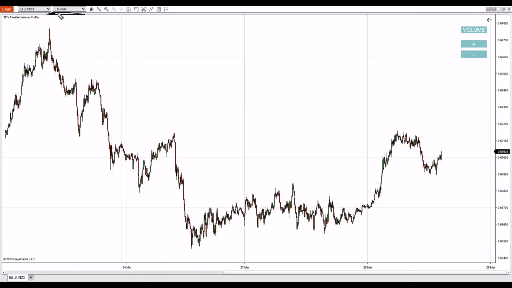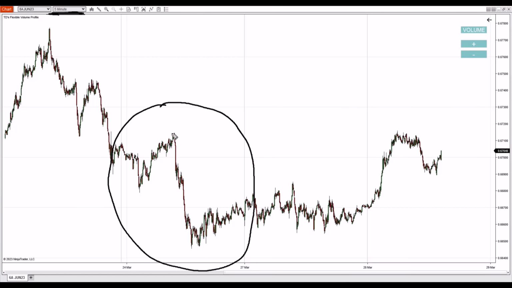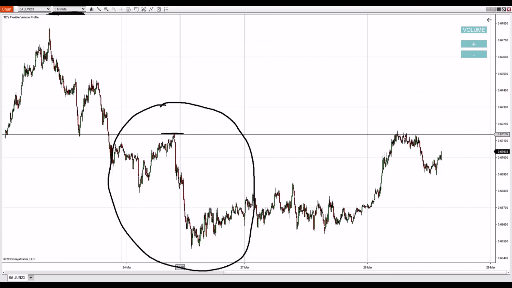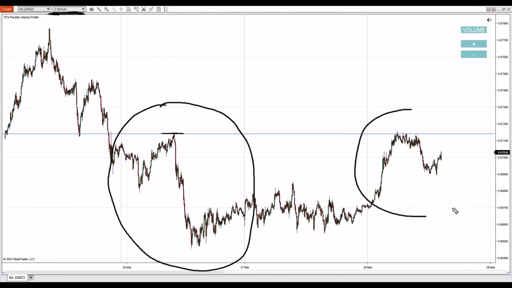We are looking at a 5-minute chart here, and right here, this was Friday, and on Friday, this was the high of the day. Let me print a line there, the high. You can see that there was a nice reaction to that high.